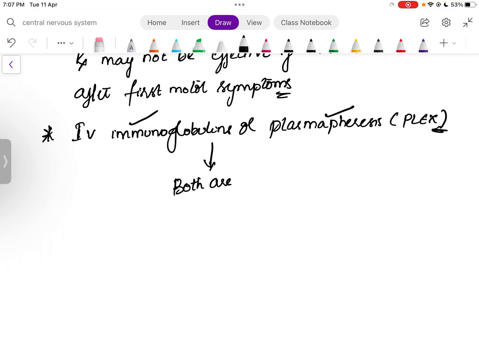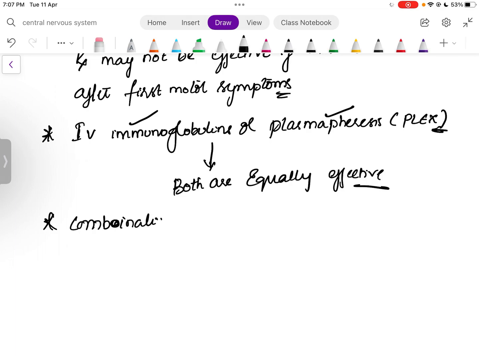Both are equally effective. A combination of IV immunoglobulins and plasmapheresis has no advantage.